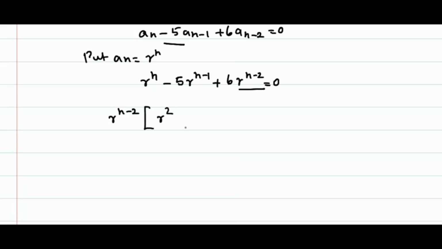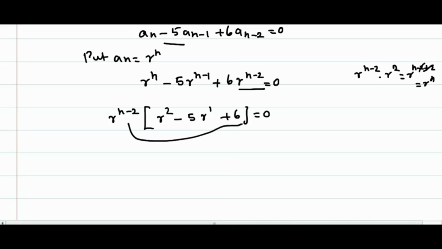Then r power n minus 1 is r power n minus 2 into r. So we get r squared minus 5r plus 6 equal to 0.